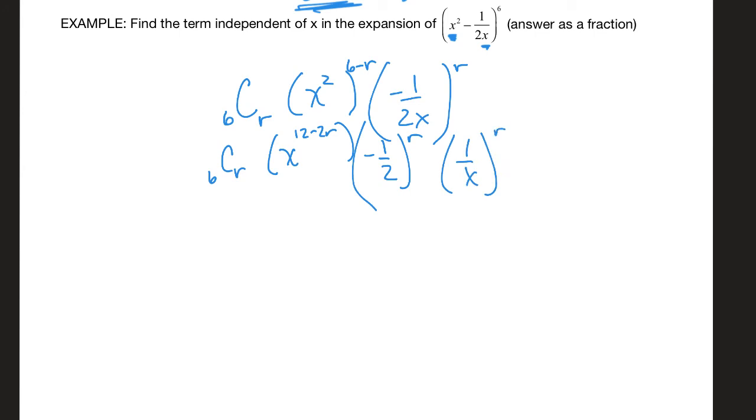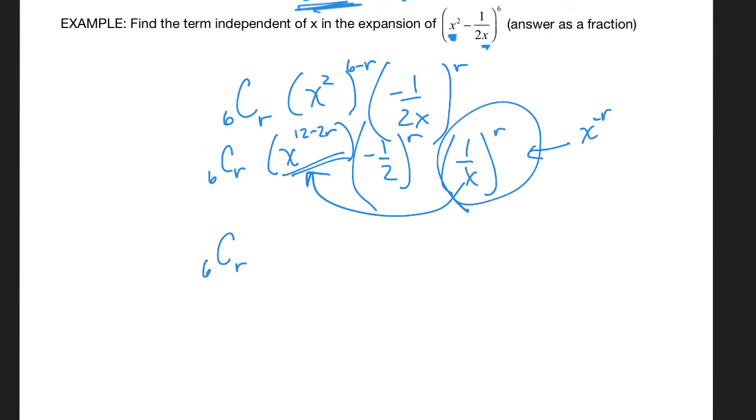And the reason I'm doing that is I want to find a way to get this to combine with this. So if you recognize, this one little part is actually the same thing as x to the negative r. So if I put it together with this one, I now have this, 6cr x to the 12 minus 3r and the negative 1/2 to the r.